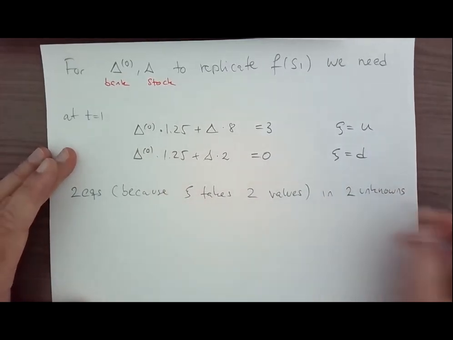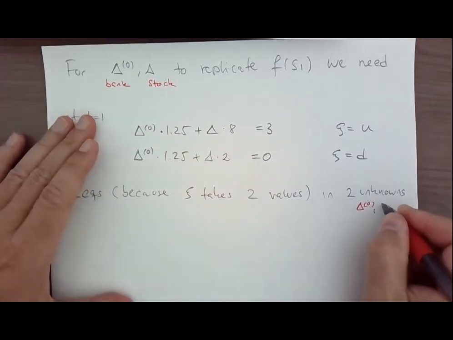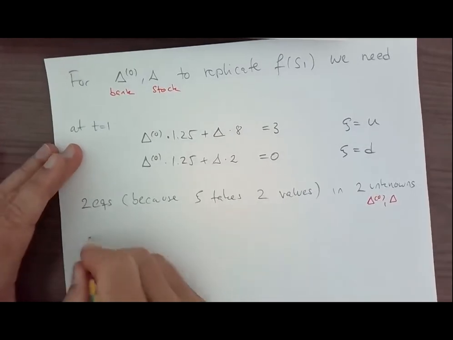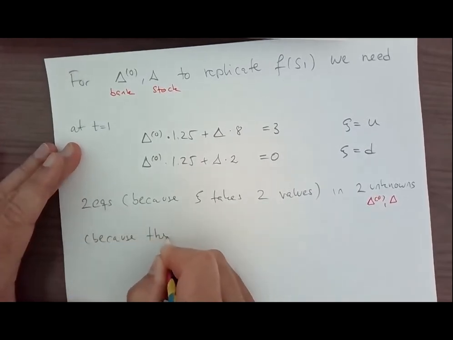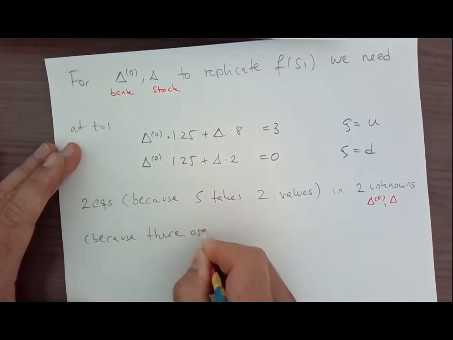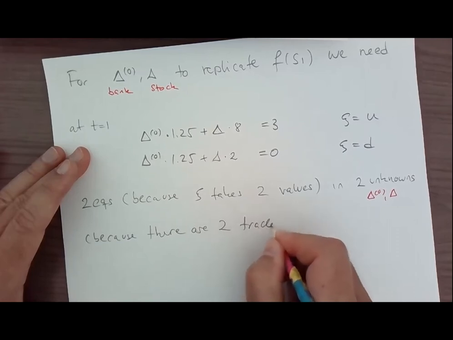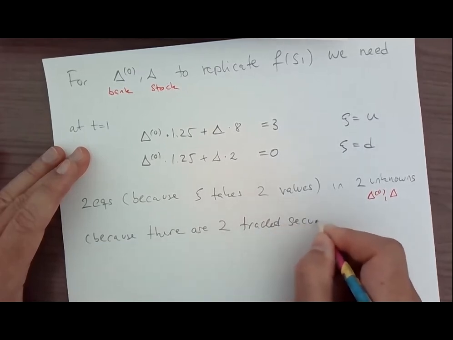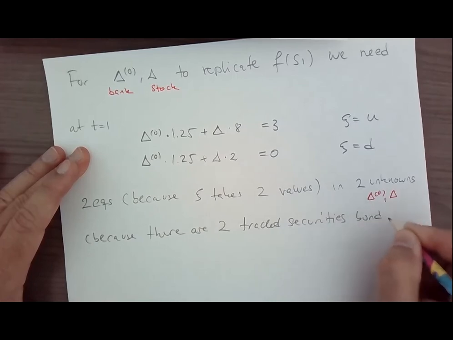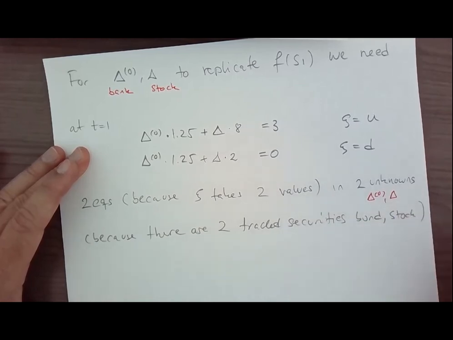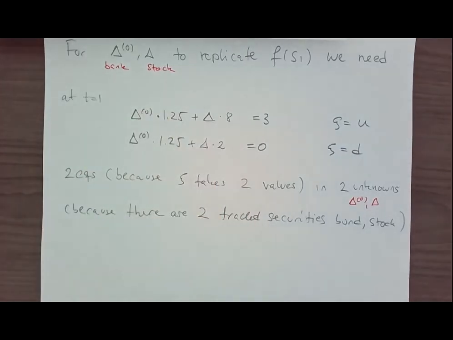The 2 unknowns will be my delta and delta naught, and this is because there are 2 traded securities. This will be the bond and the stock. So I have a system here, 2 equations and 2 unknowns. I could solve.